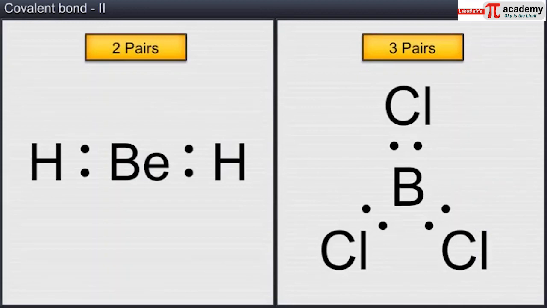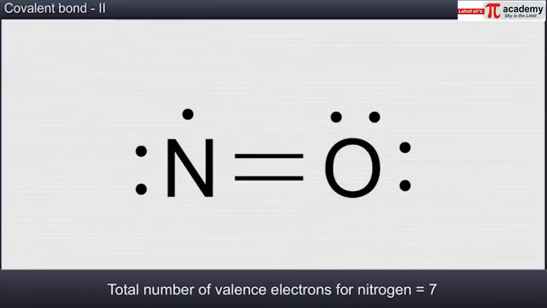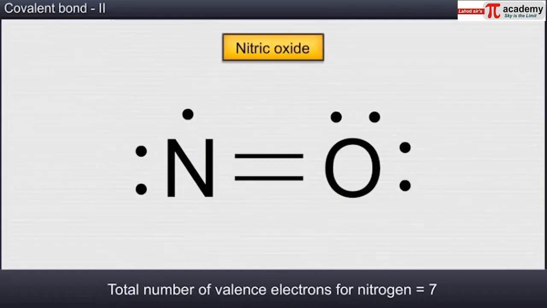For example, beryllium hydride and boron trichloride have 2 and 3 pairs of electrons respectively surrounding the central atom. In molecules with an odd number of electrons, such as nitric oxide, the octet rule is not satisfied.